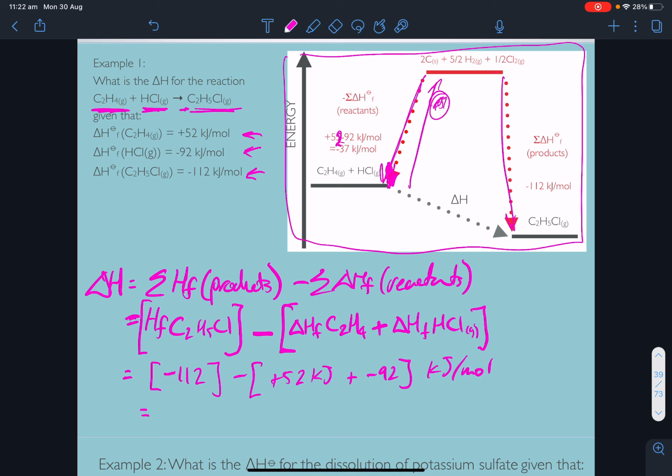Put them in your calculator, and so we've got negative 112 minus positive 52, so it's minus 52, and minus negative 92 is plus 92. So I get negative 72 kilojoules per mole for the enthalpy of that reaction.